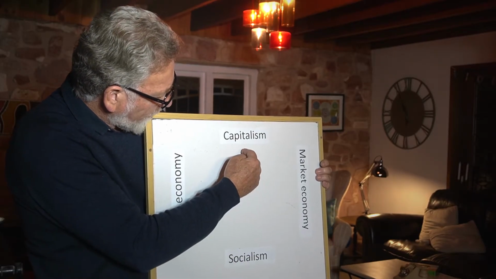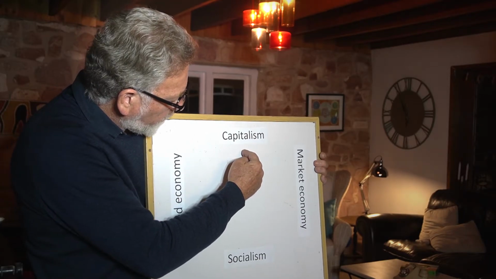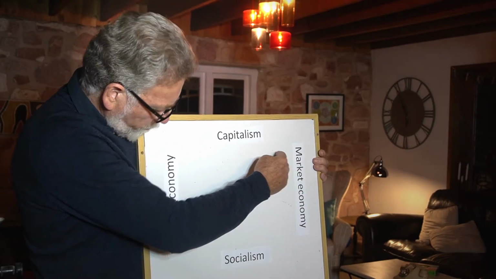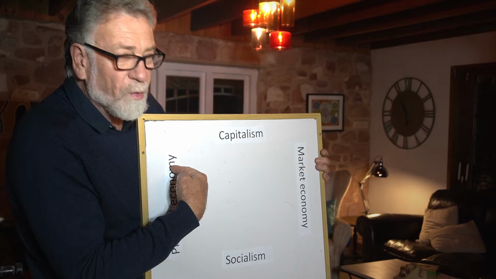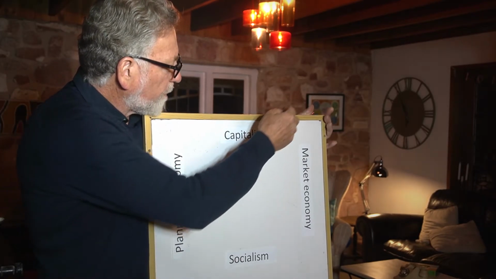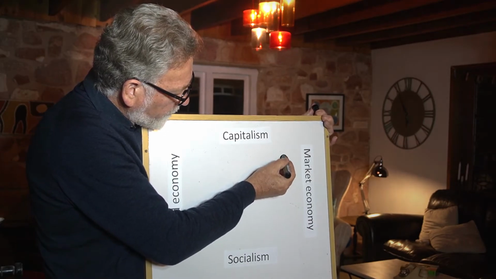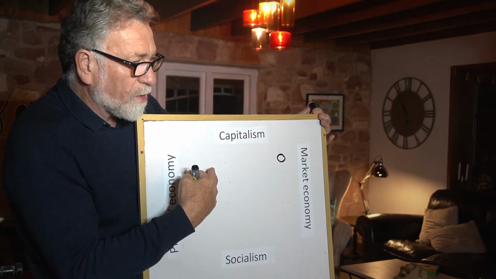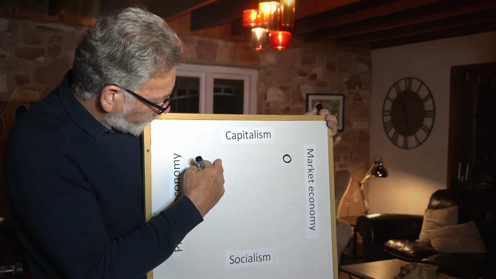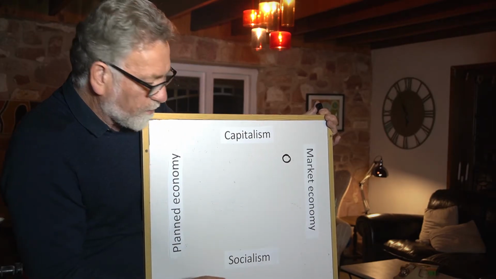So we're not totally up the top here, and we're not totally a market economy. We do have some small adjustments that can be made, but Australia, you'd put Australia over here somewhere in this mixed economy, and you can see that other countries would be at different places in this mixed economy.